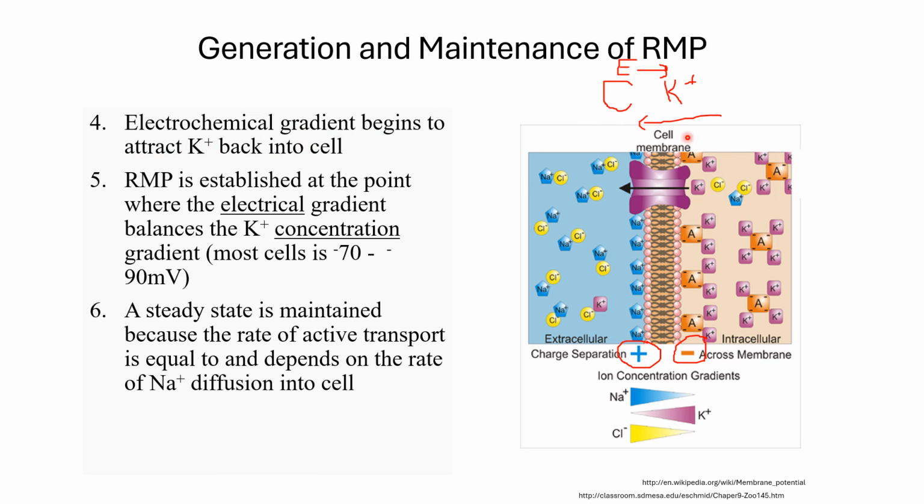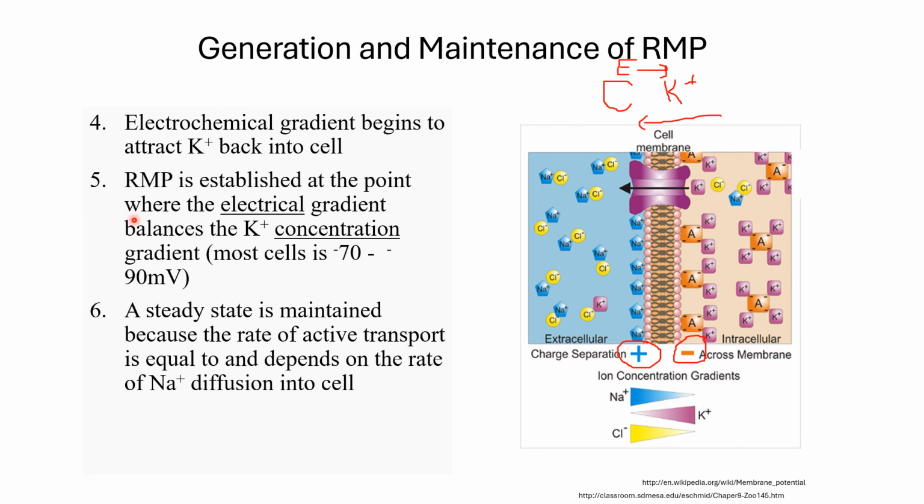So now we have potassium moving through the leak channel from one side to the other until it reaches generally a steady state. And that's what we call the resting membrane potential. The resting membrane potential is the steady state where there's about equal movement of potassium from one side to the other. Now, please understand this does not mean that nothing moves.